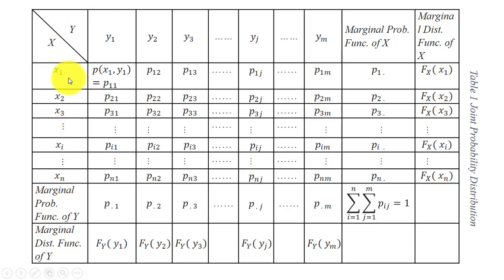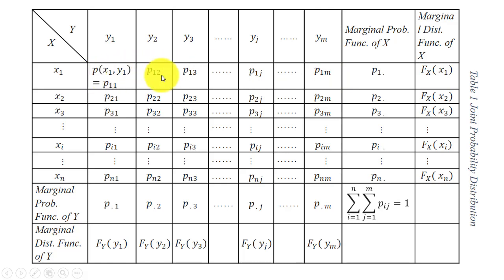If you keep x equal to x1 and just change the value of y, y1, y2, y3 and so on, that denotes the first row. In the first row, x equal to x1 is fixed and only the y values are changing, up to ym.